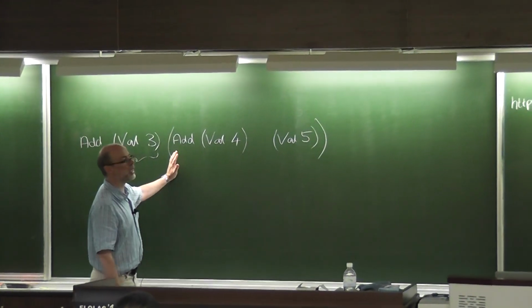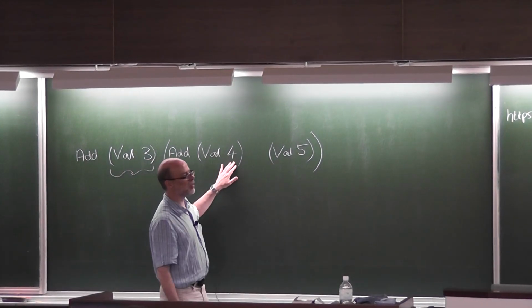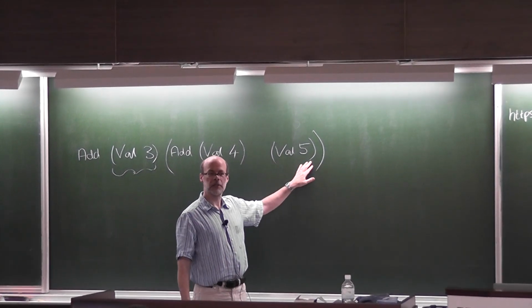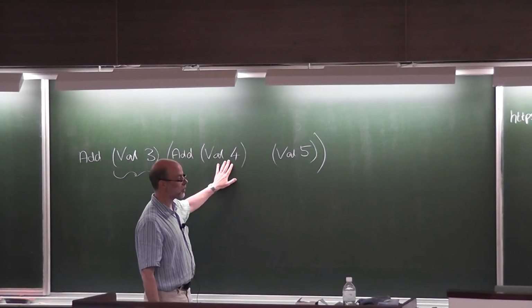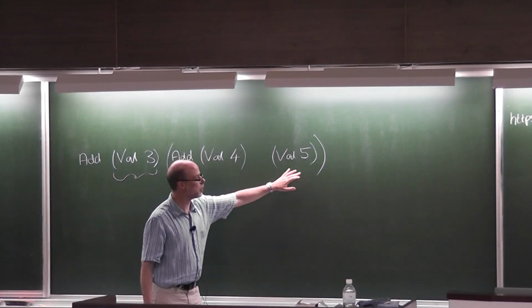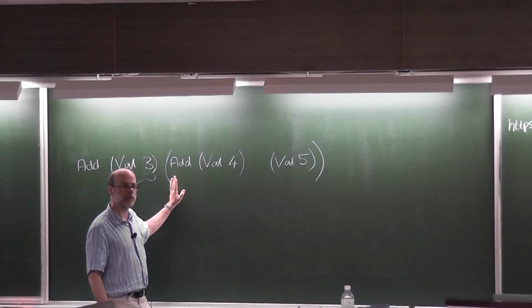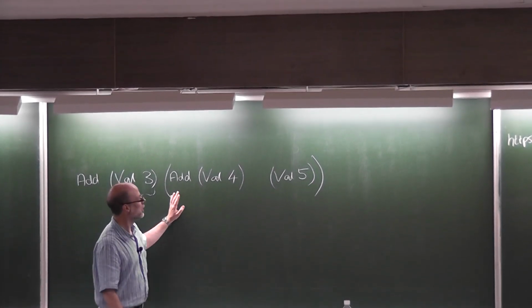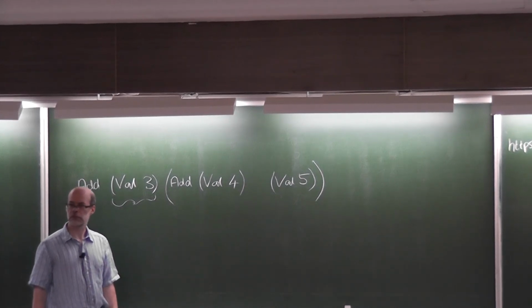Well, the semantics of this part is what you get by taking the semantics of this part, eval x, and the semantics of that part, eval y. So the semantics of this is 4, the semantics of that is 5, and the semantics of this whole sub-expression here is 4 plus 5, which is 9. Okay? That should all be obvious. And then the semantics of this whole expression is 3 plus 9, which is 12.